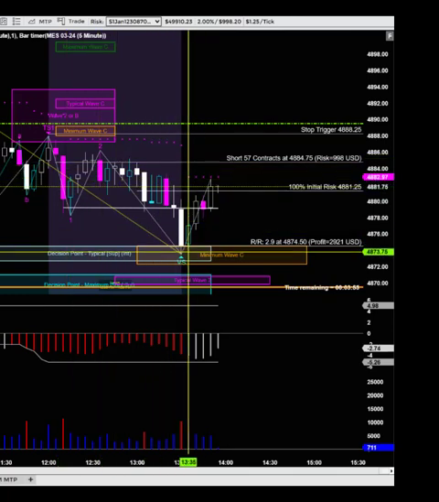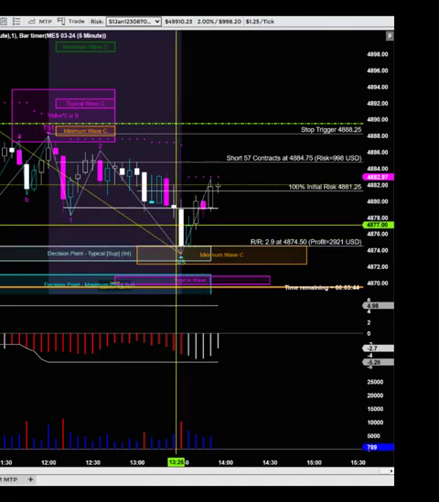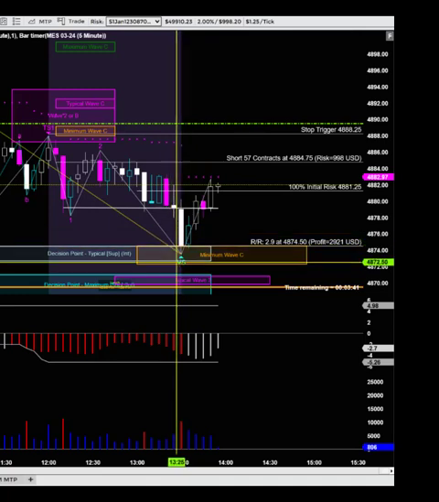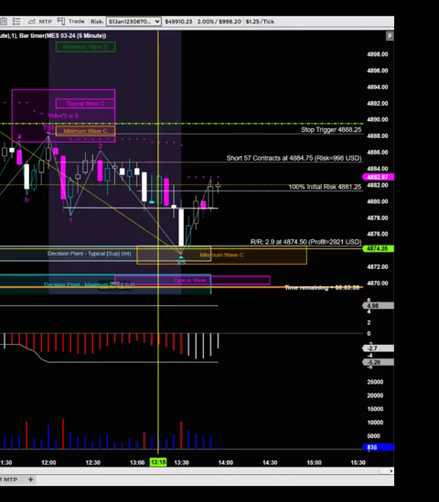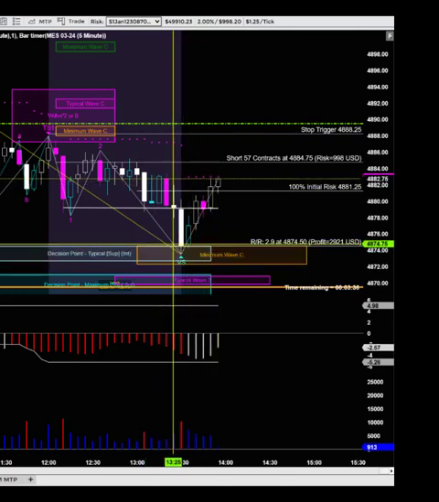And it did achieve the maximum profit target, 74.50. So if you just didn't trail your stop and you put your target right here on the minimum wave C, on the decision point confluence zone, that would have worked out for you. So there you have it.